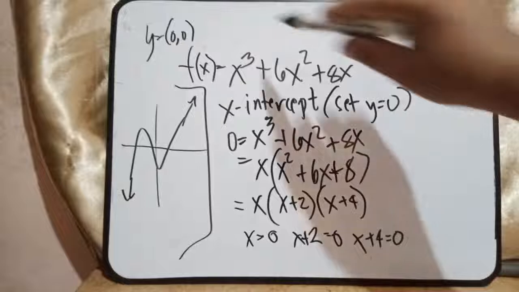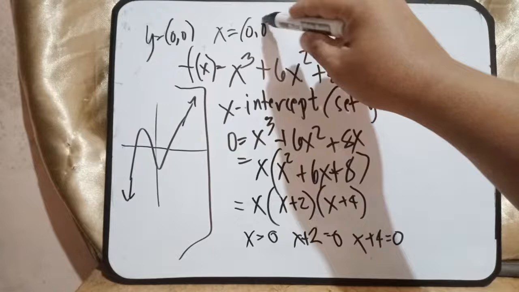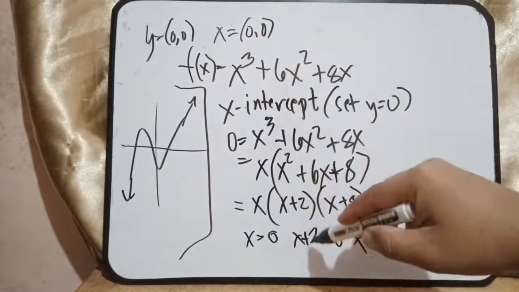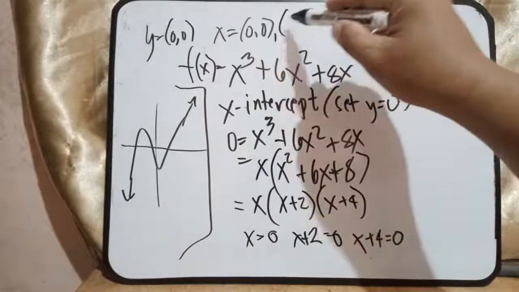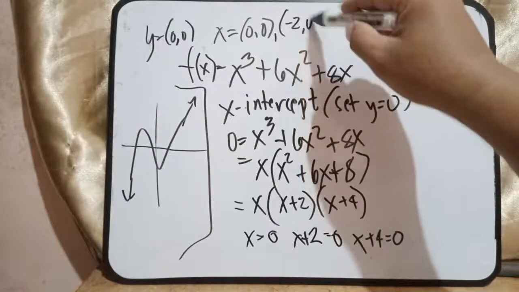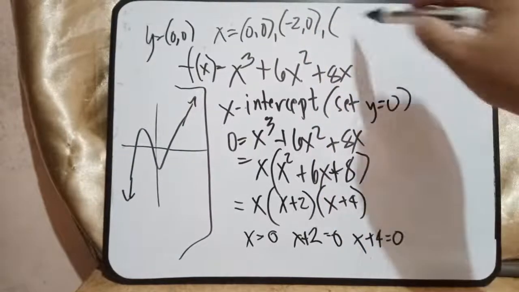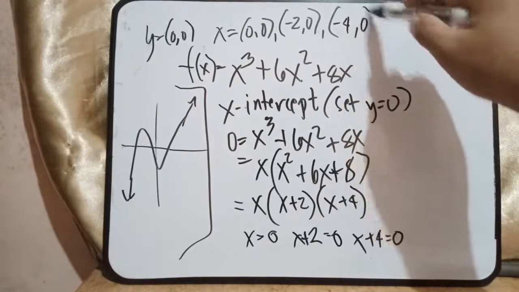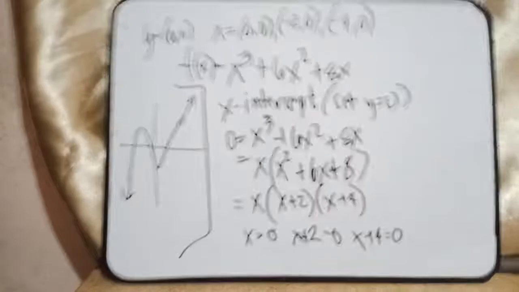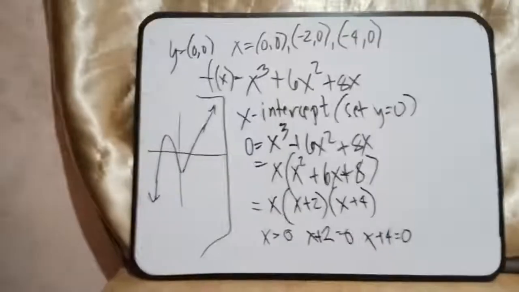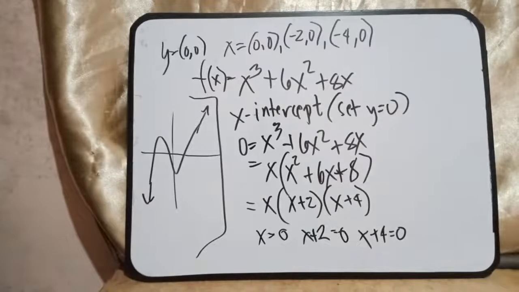For x-intercept, it is 0 and 0, and then here, x plus 2 equals 0, then x is equals to negative 2. So negative 2, then 0, and then x plus 4 equals 0, then x is equals to negative 4. Then 0. Okay, so yan, meron na tayong functions.